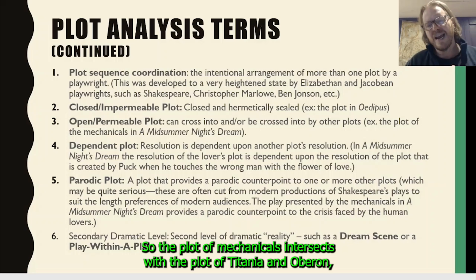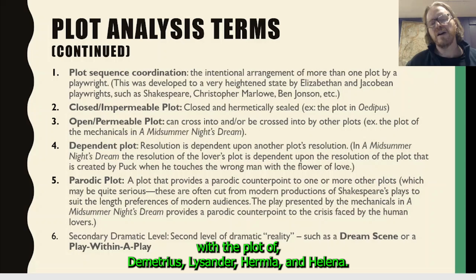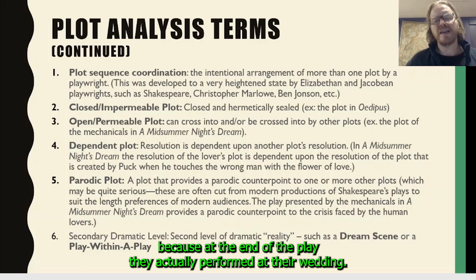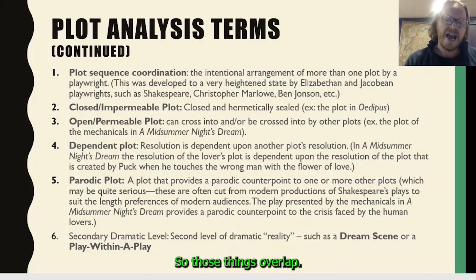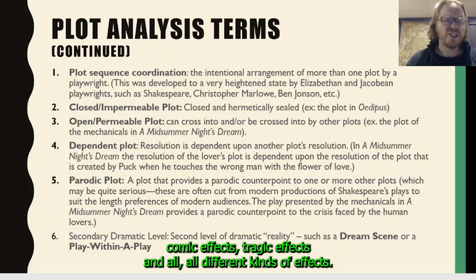So the plot of the Mechanicals intersects with the plot of Titania and Oberon, and then later with the plot of Demetrius, Lysander, Hermia, and Helena, and their marriages, because at the end of the play they actually perform at their wedding. So plots and their overlappings can be created for dramatic effects, comic effects, tragic effects, and all different kinds of effects.